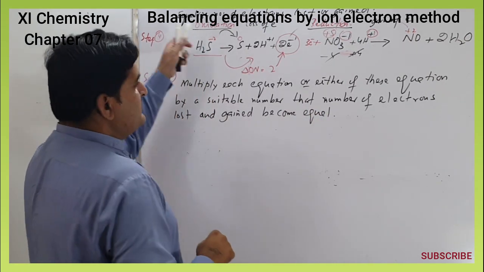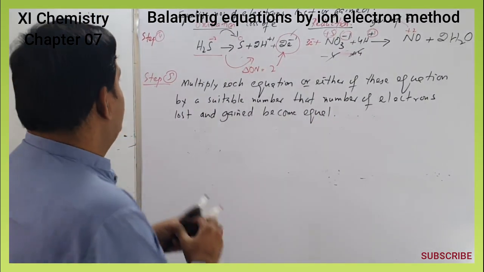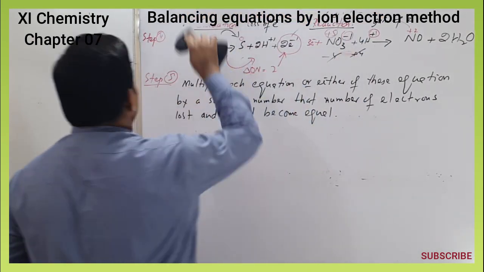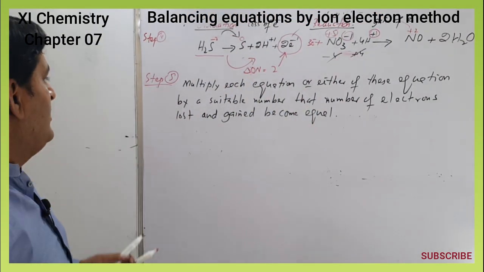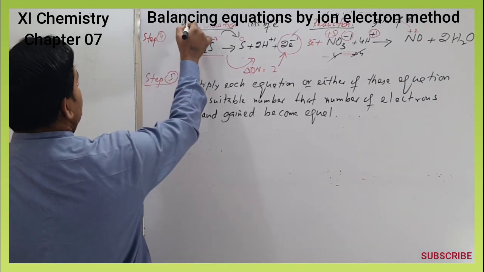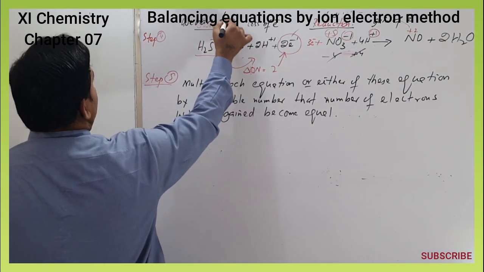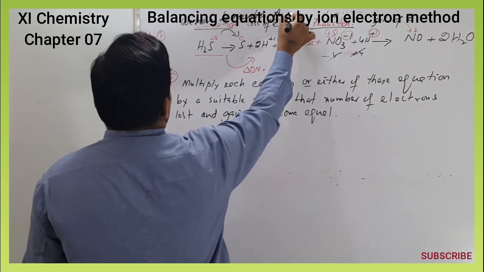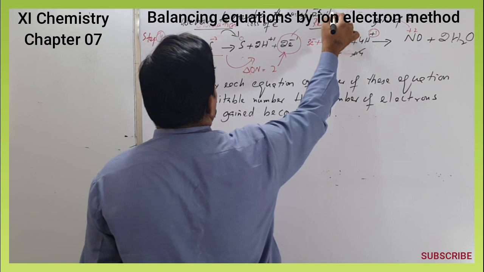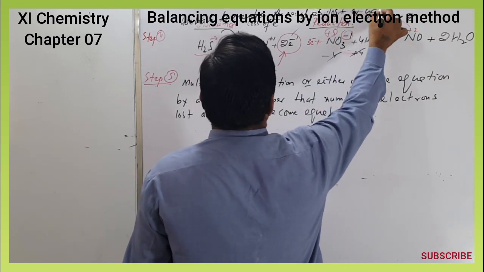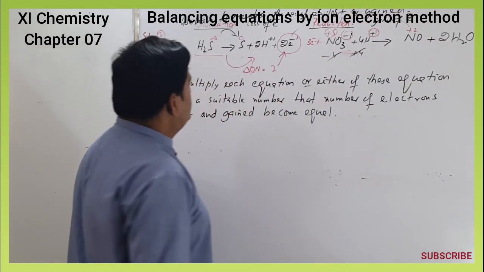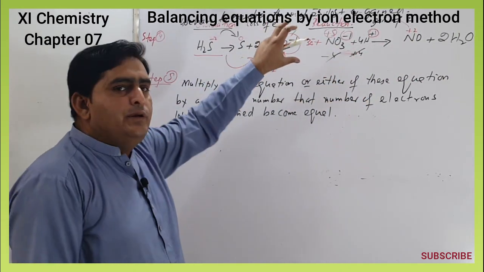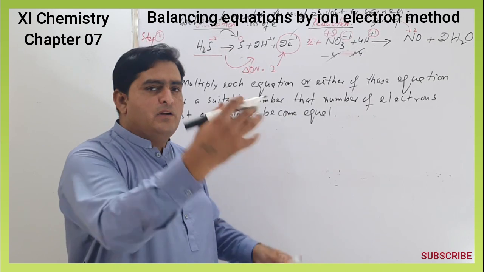I mistakenly wrote this at step number 4. In step number 4, we have to mention the number of electrons lost or gained. We just mention that it has lost 2 electrons and it has gained 3 electrons. But in this step, we don't equalize the number of electrons lost or gained.